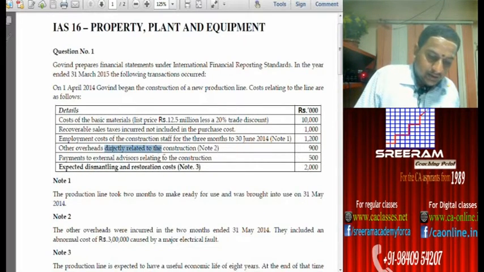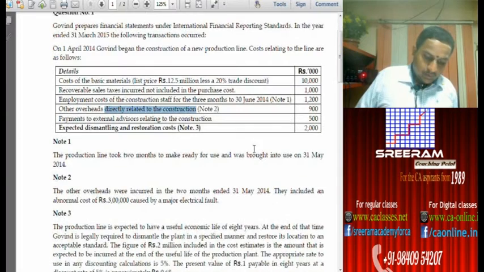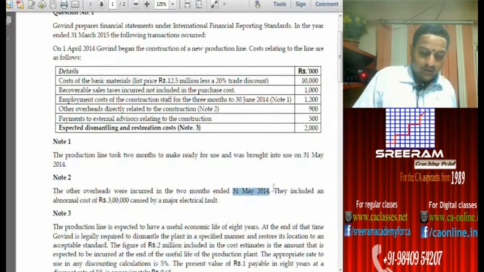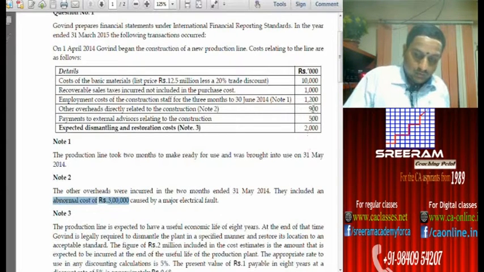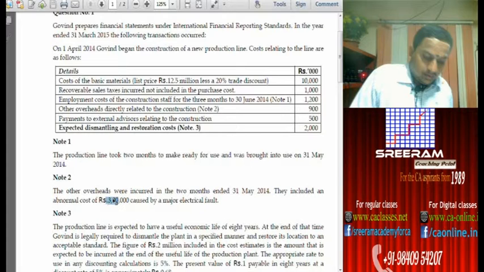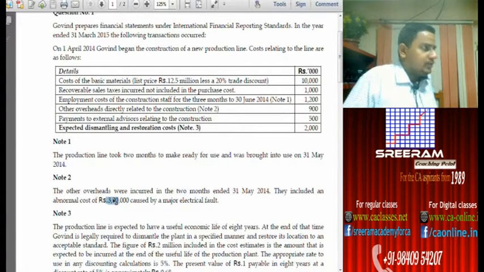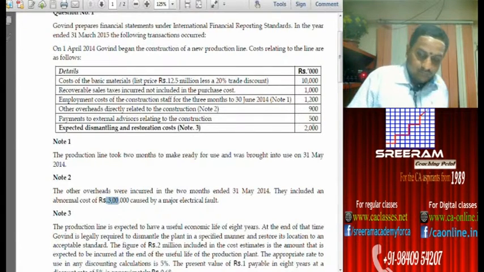Other overheads directly related to construction were incurred in the 2 months ending 31st May, but they include an abnormal cost of 3 lakhs caused by a major electrical fault. Abnormal loss will not be included in the cost. So out of 900, to the extent of 300 we need to exclude, and only 600 will be capitalized.